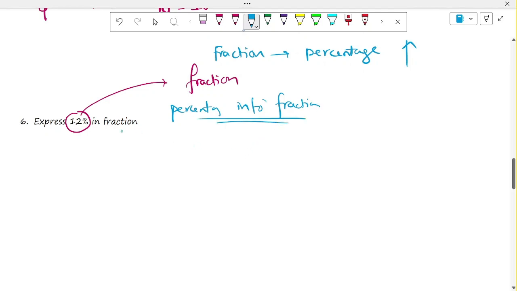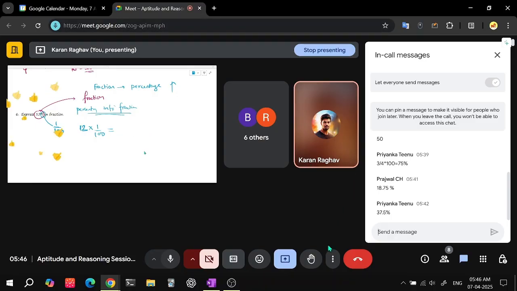For this I'll give you a hint. As I have told you already, what is the meaning of this percentage? It is nothing but 1 by 100, meaning per 100, per cent. So you are going to multiply 1 by 100 to the given number 12. So what is the answer of this?